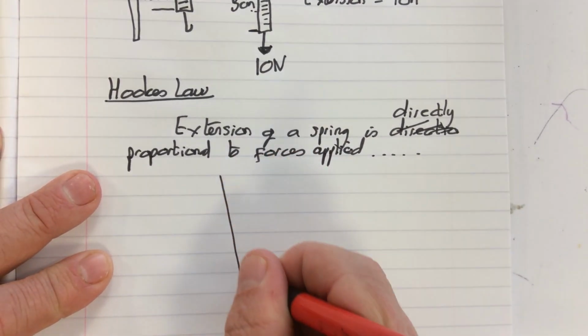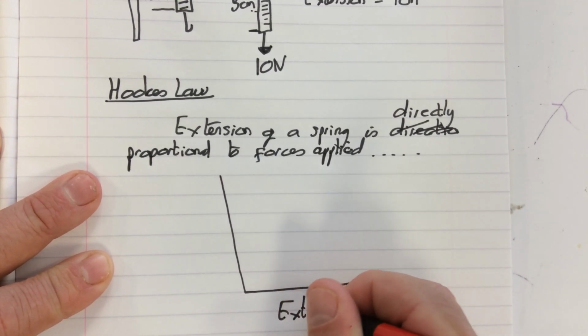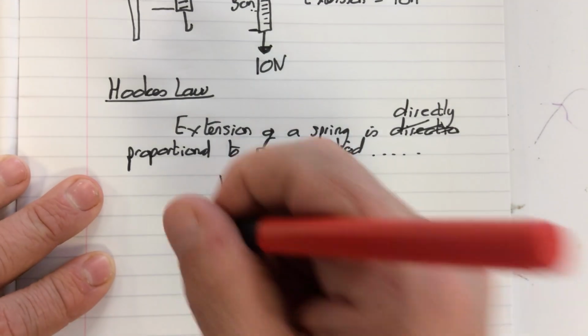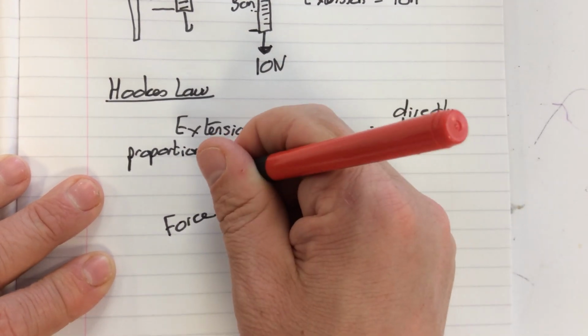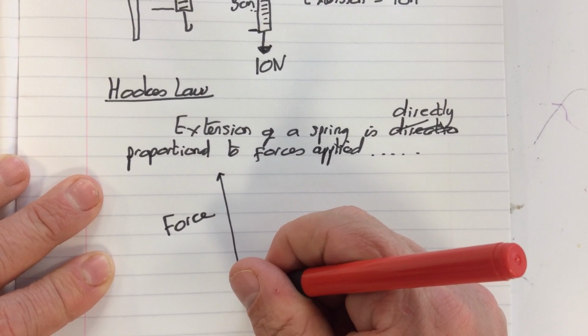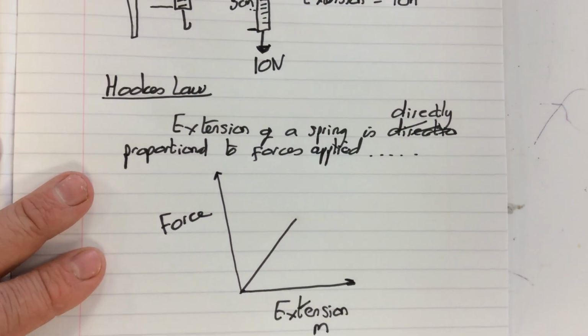So if I plotted that as a graph, we've got the extension of a spring, and we know how to work that out now, and that's measured in meters, and we've got the force that we're applying. So directly proportional, as one increases, the other one increases, it has to go through the origin, and it's a perfectly straight line.